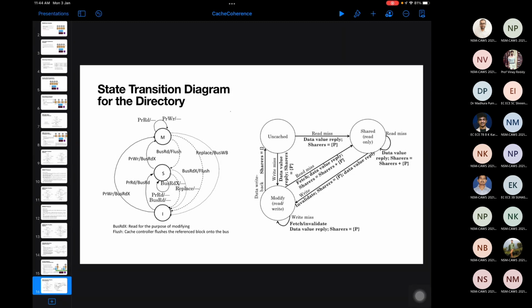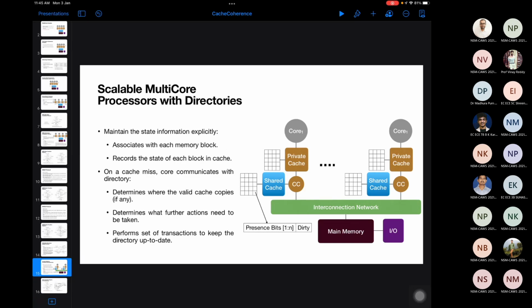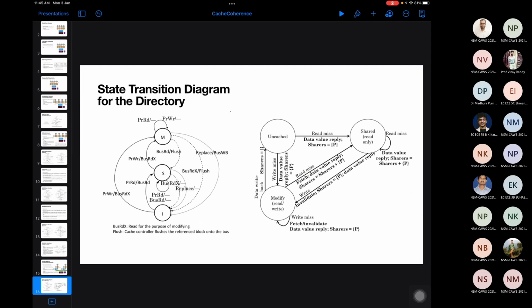That means we send the invalidation signal to core 1, core 2, core 3. And after invalidating, we make core 5 the only sharer. That is what is given by sharers equal to P, and we supply the data to core 5. And finally, we put the data in a modified state. Because it's a modify, we are also going to set the dirty bit to 1, because in the n+1 bits, the last bit is indicating the dirty.